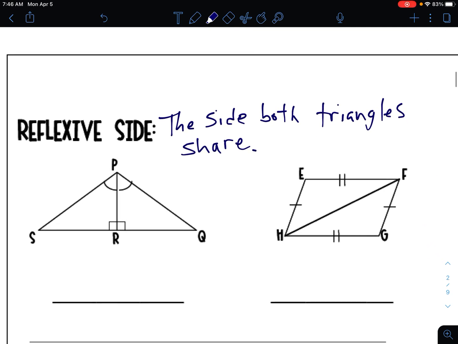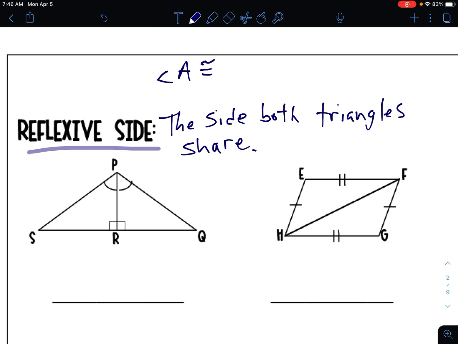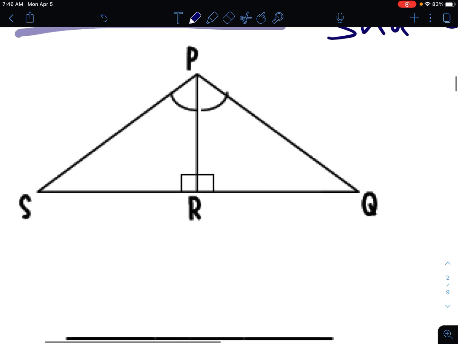All right, here are all the clues that we can give you, okay? The reflexive side, remember the reflexive property said angle A is congruent to angle A, all right? Something is congruent to itself. So right here, we have 2 triangles.